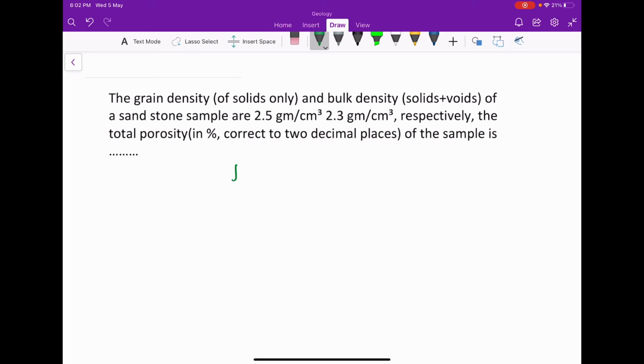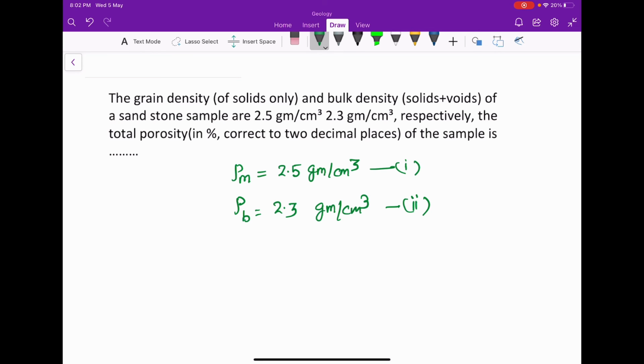So grain density, that is mineral density, is equal to 2.7, and bulk density rho b is equal to 2.3 gram per centimeter cube. So this is the value of grain density, equation 1, and bulk density, equation 2.